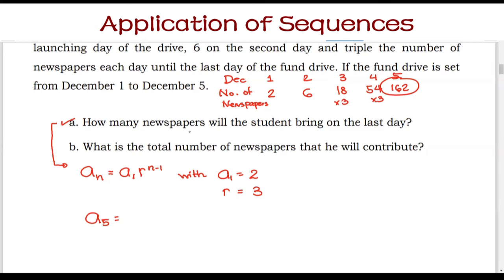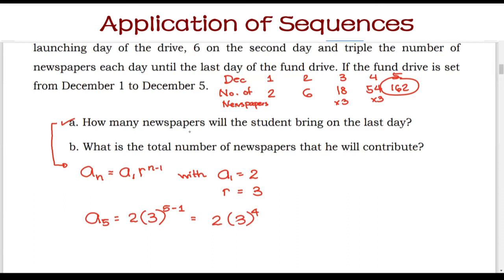Okay, what is a sub 1? 2. What is r? 3. Raised to, what is n again? 5 minus 1. This one is equal to 2 times 3 raised to 4.